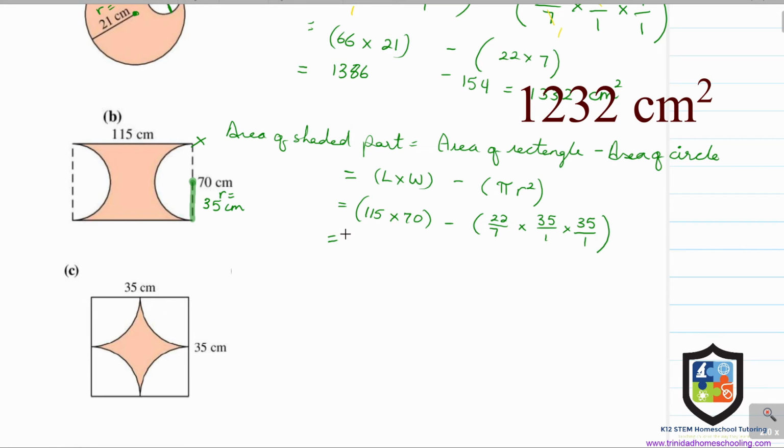So my 115 multiplied by 70 is going to give me 8050. Now, I could get rid of this 7 here by dividing that by 7 and this one by 7. That will be 5.